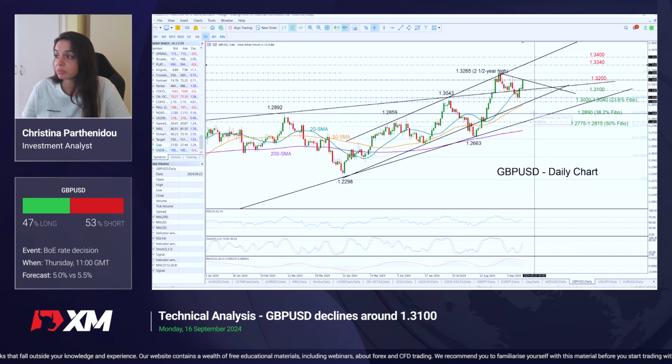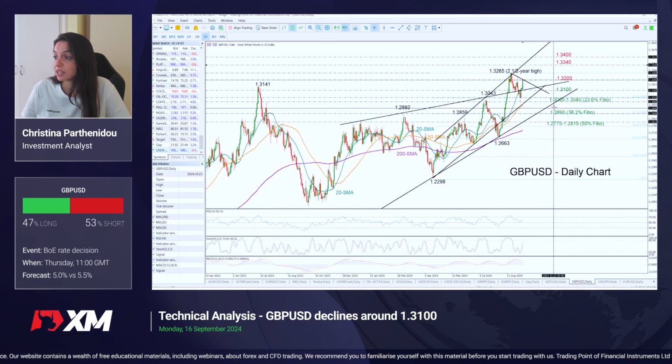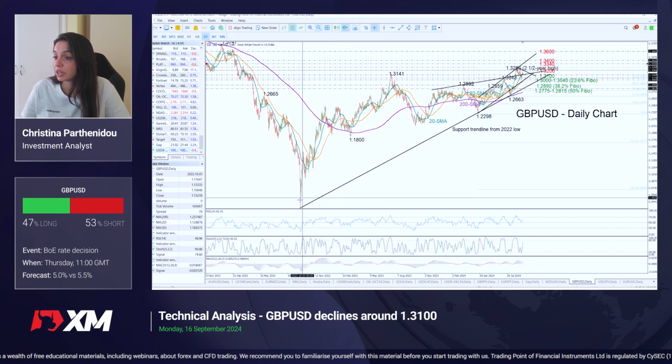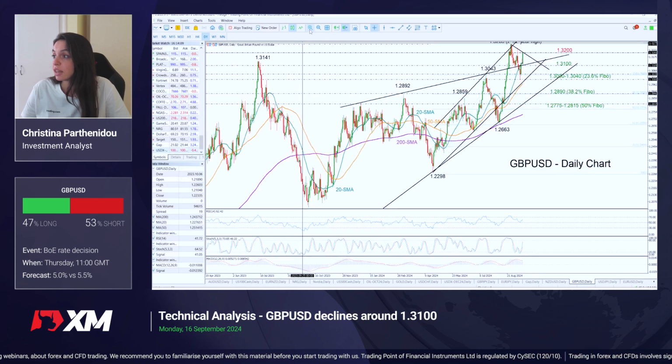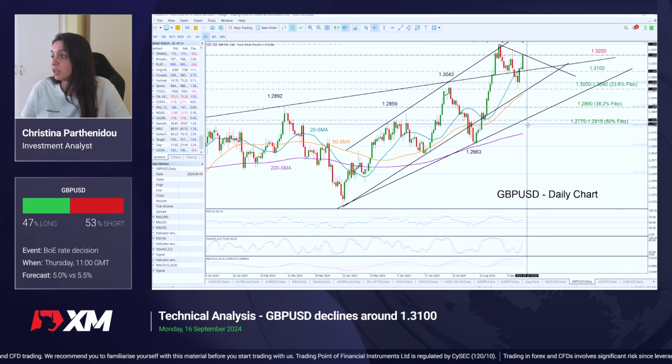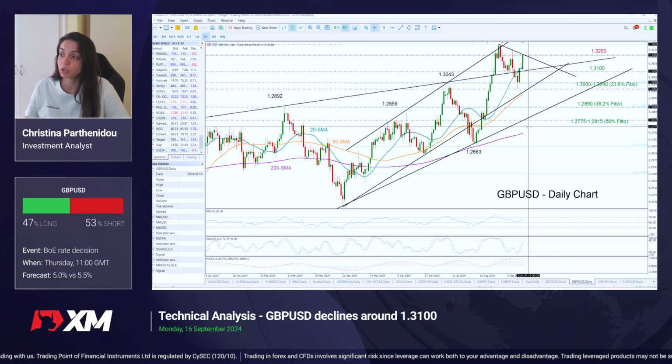We can see that there is another critical ascending trend line over here, coming from the low of 2022. That line is seen near 1.2815, while not far below that, the 50% Fibonacci mark could be another interesting area to watch.